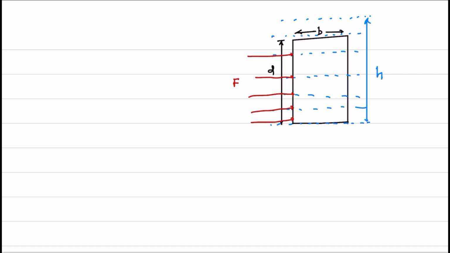Because it's a vertical surface and a rectangle, the pressure acts on the cross-sectional area of the vertical surface. This is the cross-sectional area.